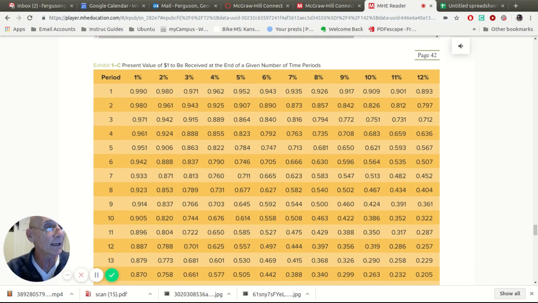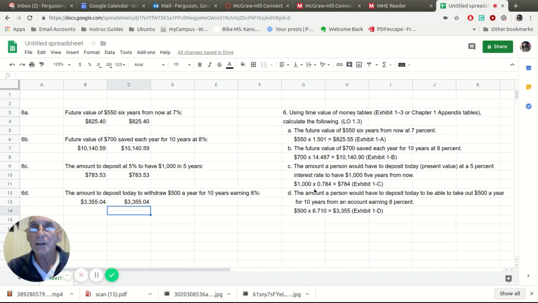What you're looking at is 5% 5 years from now. Here's 5% on your money. 5 years, 0.784. So I take that $1,000 times 0.784. So I have to put aside $784 now so that at the end of 5 years, I have $1,000. The present value of a single amount.